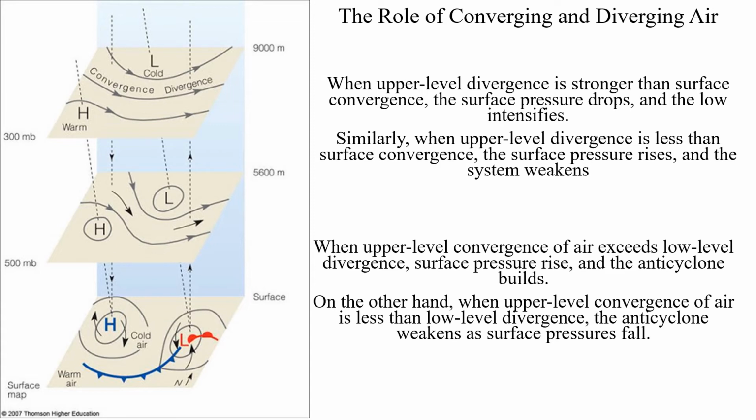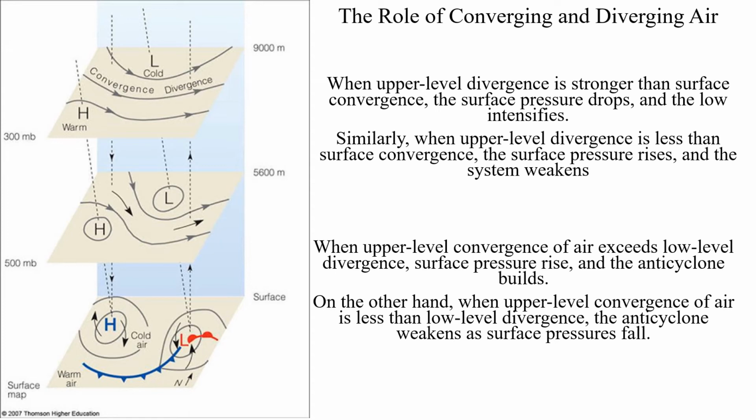So when upper level divergence is stronger than the surface convergence, the surface pressure drops and the low intensifies. In the same way, when upper level divergence is less than the surface convergence, the surface pressure rises and the system weakens. We can also explain the structure of the anticyclone in the same manner.